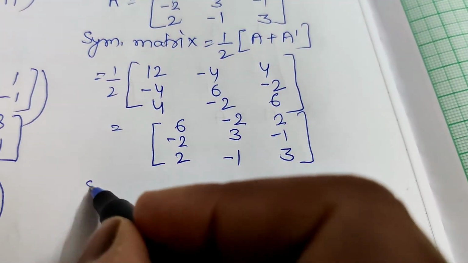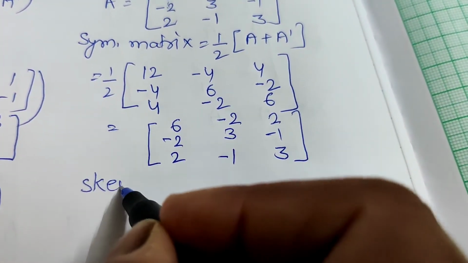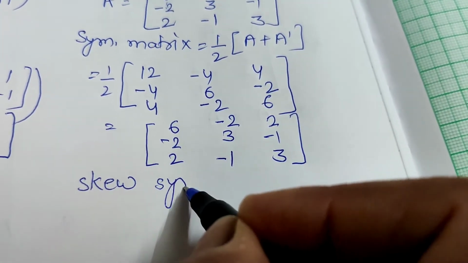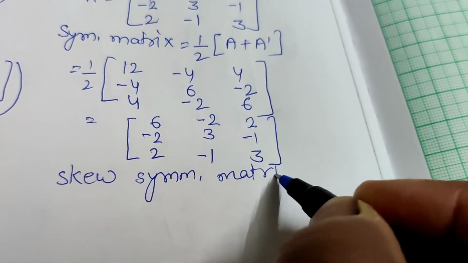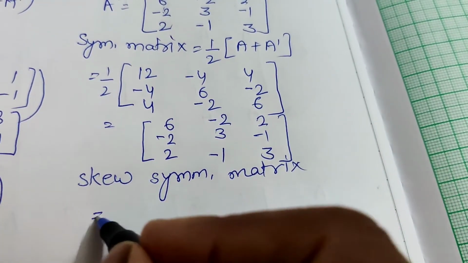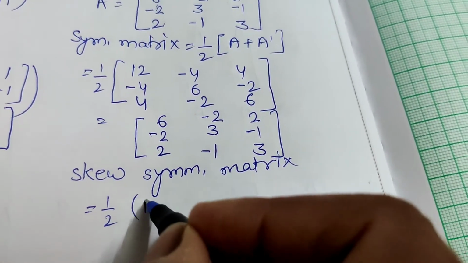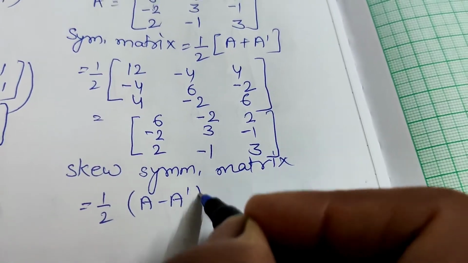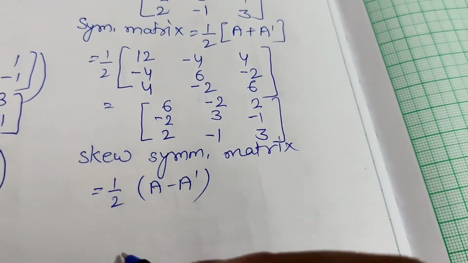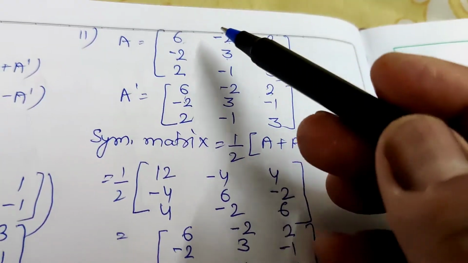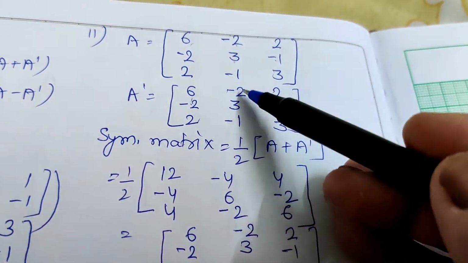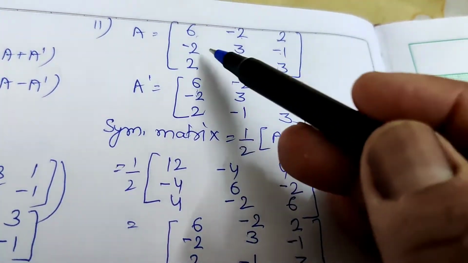For the skew symmetric matrix, it is equal to 1 by 2 A minus transpose of A. Now subtract, 1 by 2: 6 minus 6 is 0, minus 2 minus minus 2 is 0, 2 minus 2 is 0.